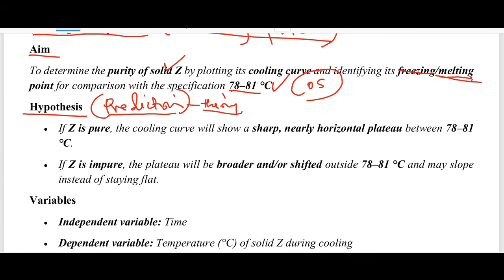So here in the hypothesis we say that if Z is pure, the cooling curve will show a sharp, nearly horizontal plateau between 78 to 81 degrees Celsius. Then if Z is impure, the plateau will be broader and/or shifted outside 78 to 81 degrees Celsius. You recall 78 and 81 is the one which was given to us in the scenario.